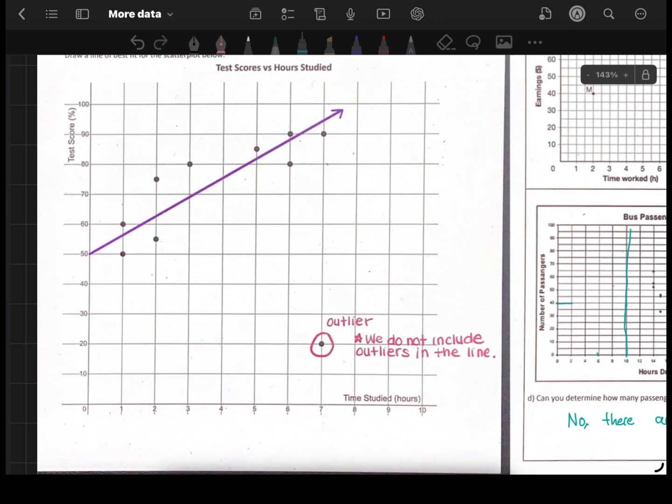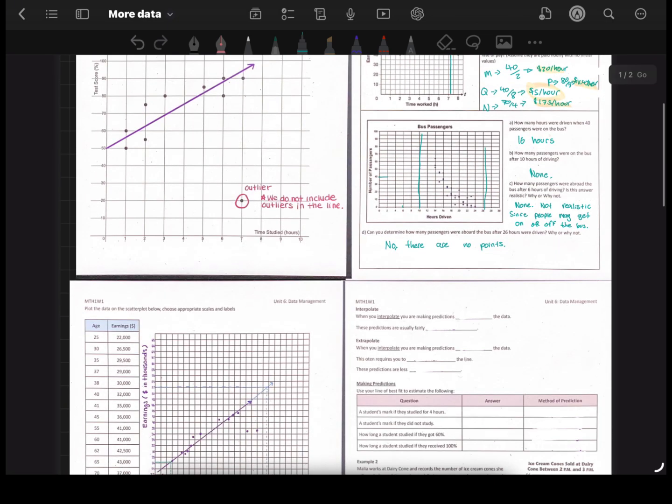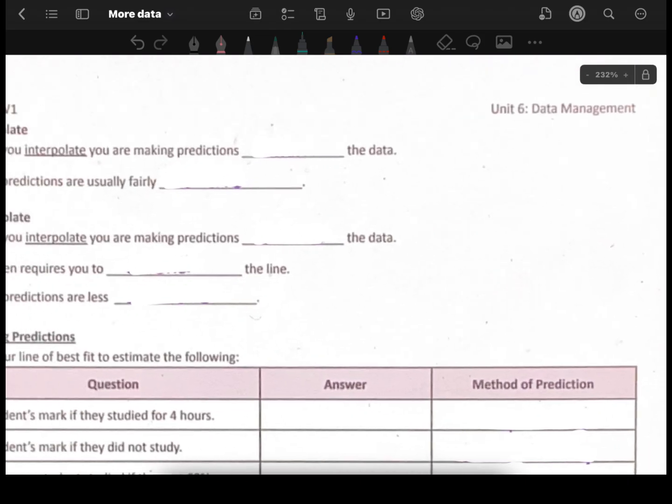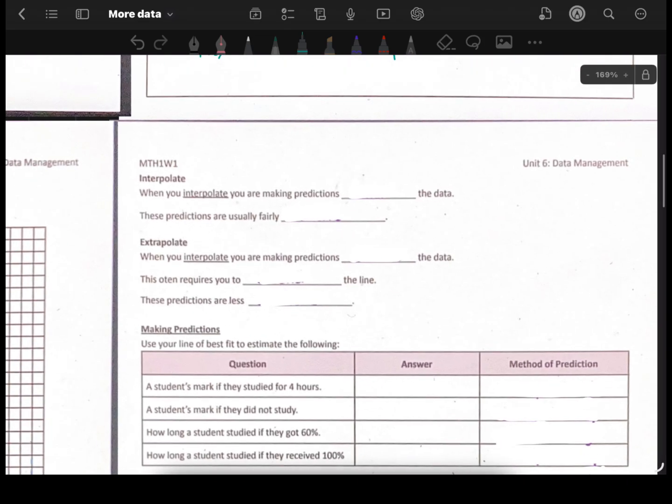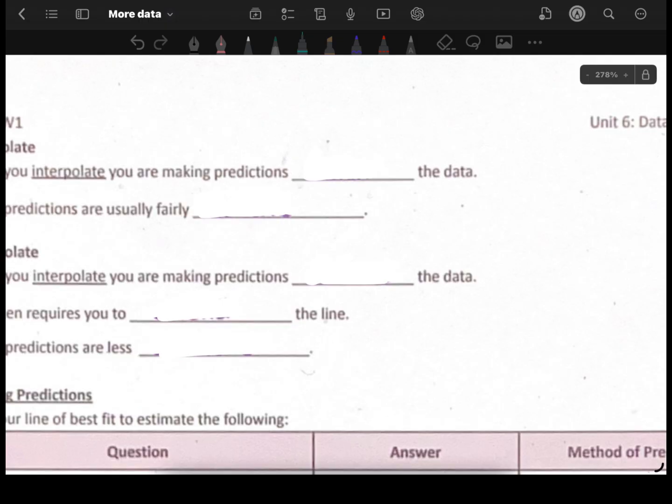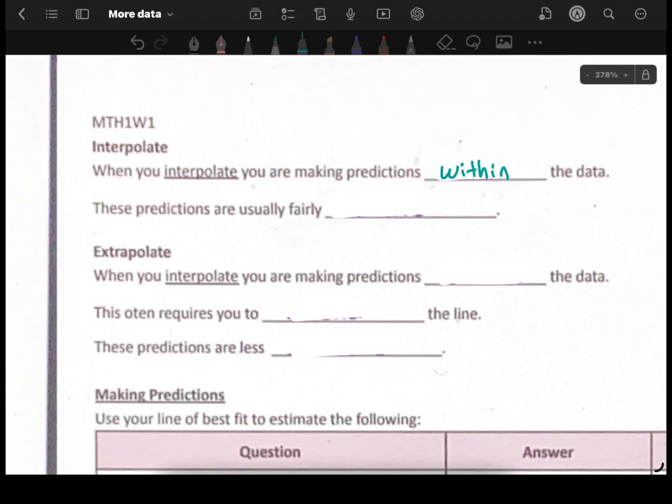So now let's talk a little bit about interpolation and extrapolation. When you interpolate, what this basically means is you're making predictions within the data. So these predictions are usually fairly accurate, but it's the opposite with extrapolate.